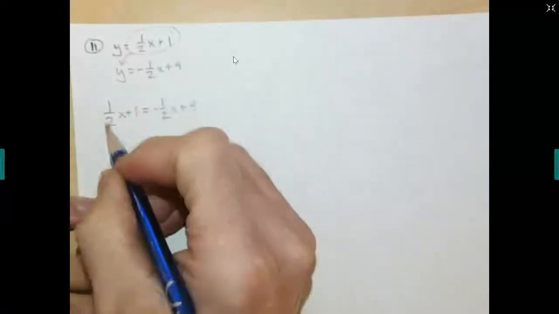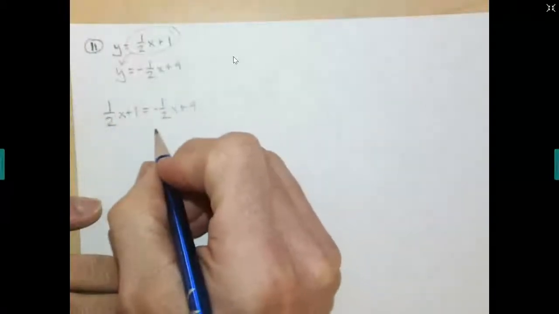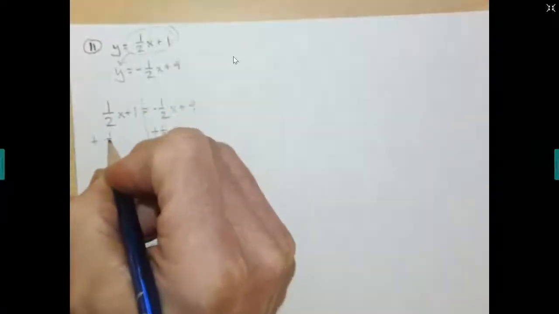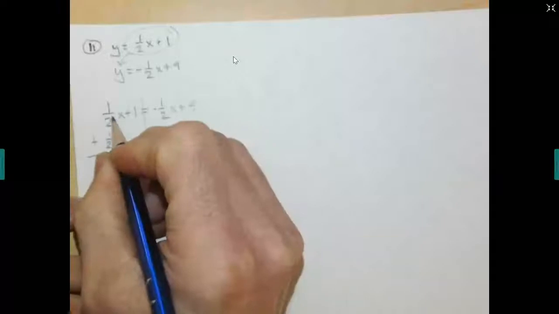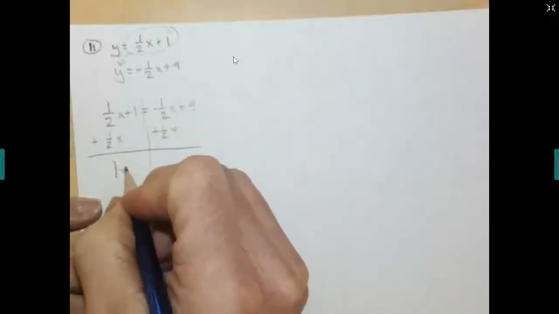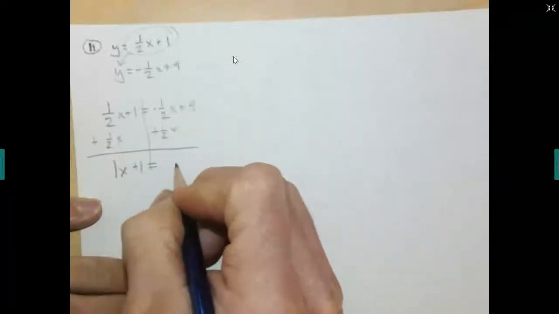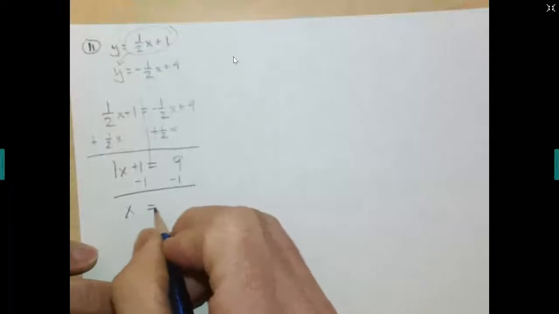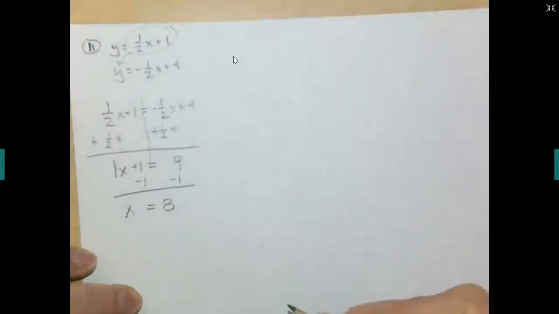So I'm going to take my x's over here and my numbers over here, plus 1/2 x plus 1/2 x. So 1/2 plus 1/2 is 1x plus 1 equals 9. Subtract 1, so I get x equals 8.